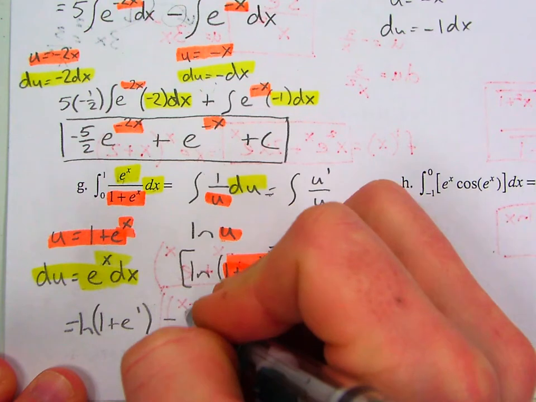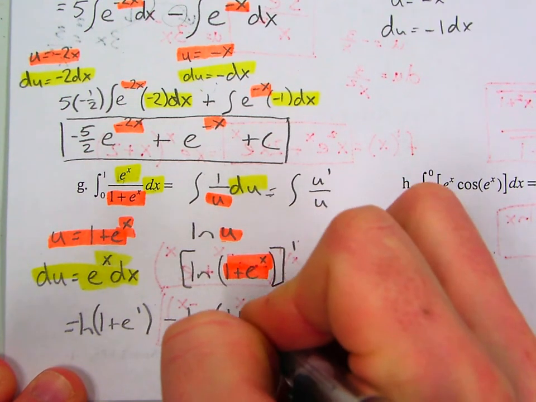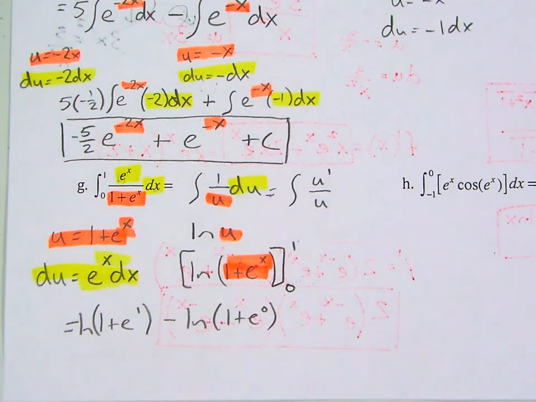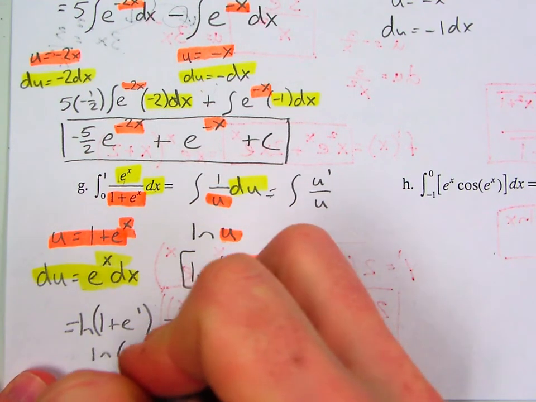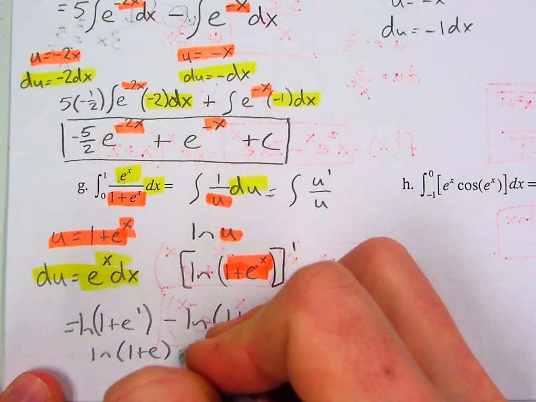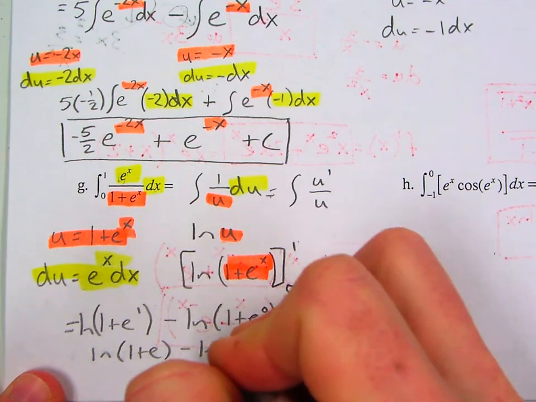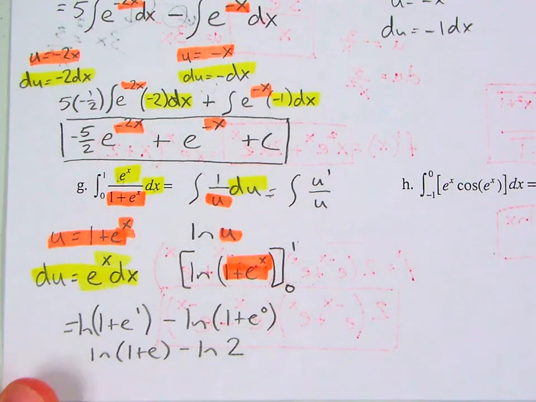But e to the 0 is 1. It's minus the 1. Okay, so we get natural log of 1 plus e minus natural log of 2. E to the 0 equals 1. Anything to the 0 power is 1.